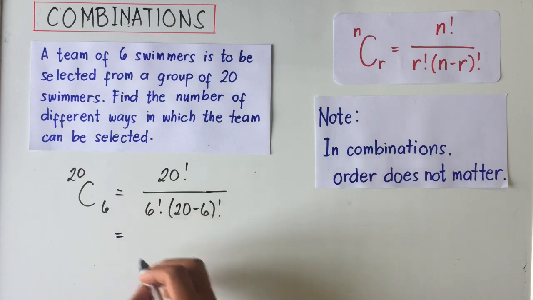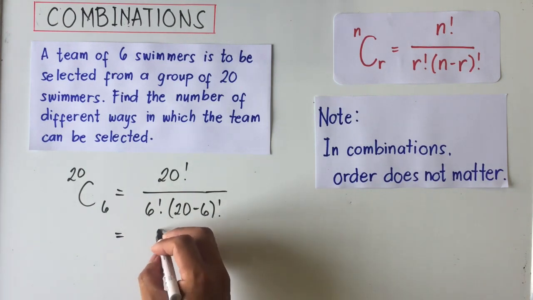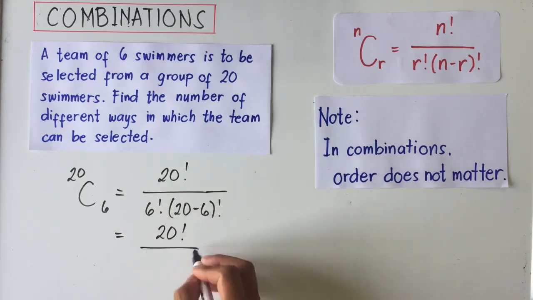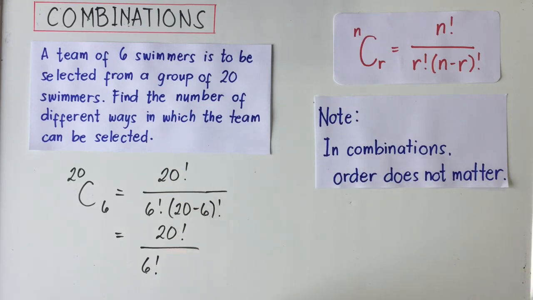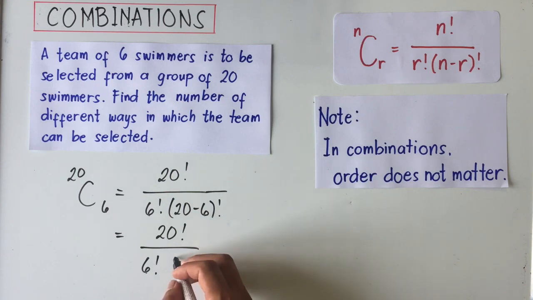So basically you'll have 20 factorial divided by 6 factorial times 20 minus 6, which is 14 factorial.